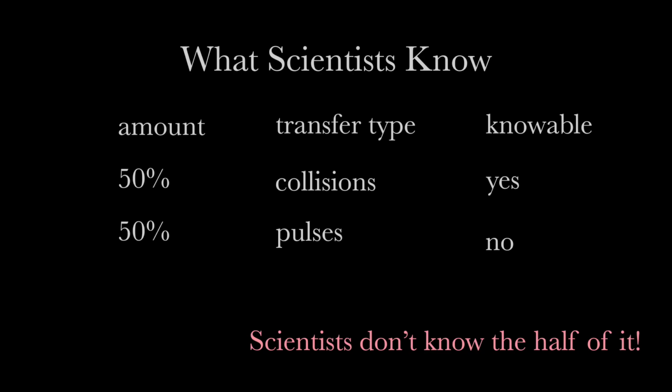I don't know the exact ratio, but imagine that half of all energy transfers are because of collisions and the other half are because of electromagnetic pulses. We would then have to conclude that scientists only know half of what is happening in the world. The other half is unpredictable and unknowable.